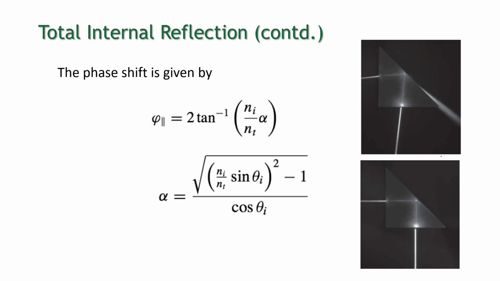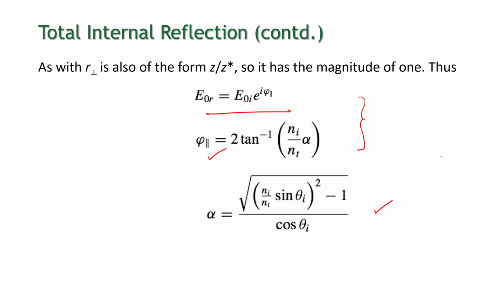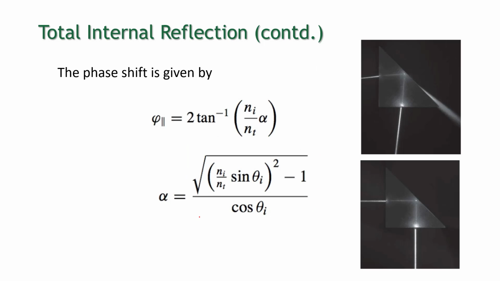So now let's talk a little bit about application of TIR. Okay. So you don't need to worry much about this one. We won't be using this for numerical problems. So this is again the same thing, just rewriting. So here you see total internal reflection.